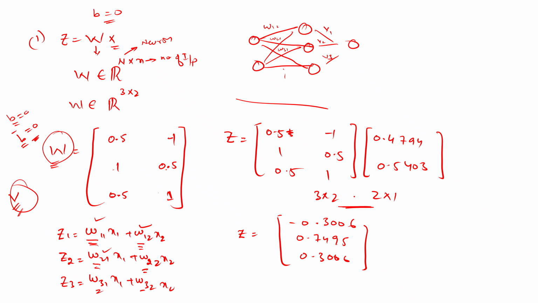We know this multiplication, right? 0.5 times this plus -1 times this, so we obtain this value. Similarly for the second row we get this value, and then for the third row.